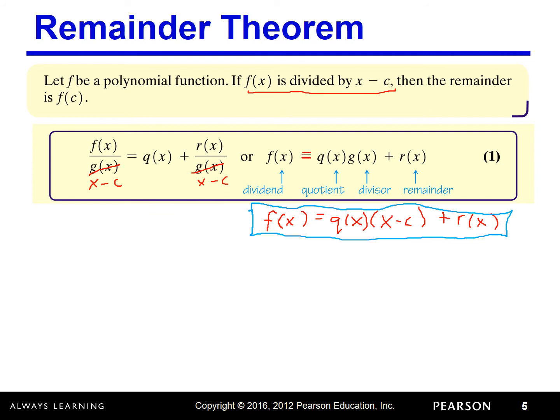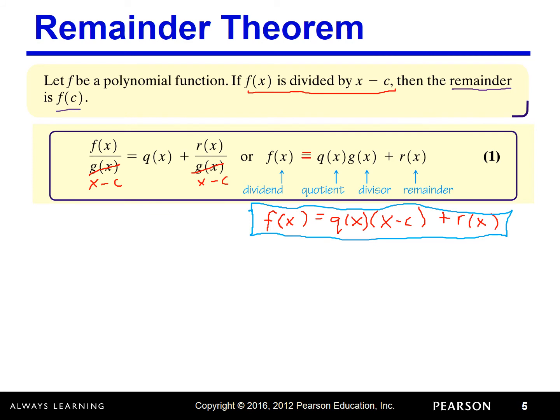Going back to the remainder theorem, the conclusion is that the remainder is f of c.